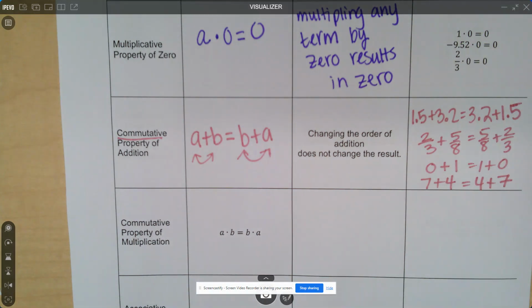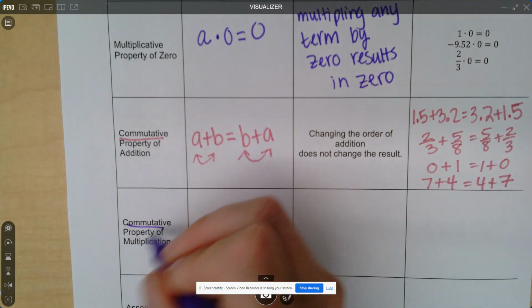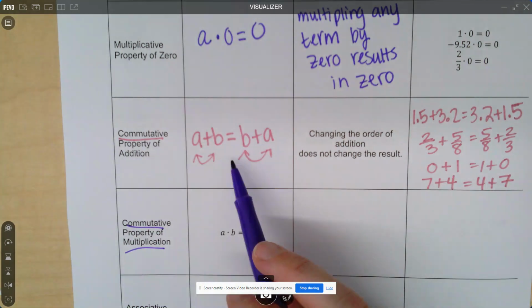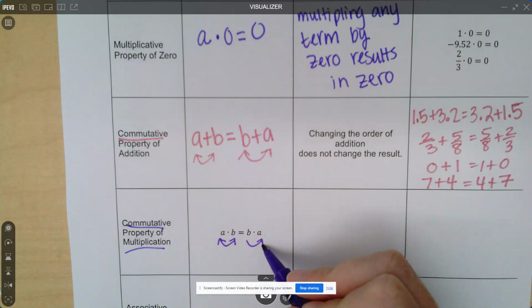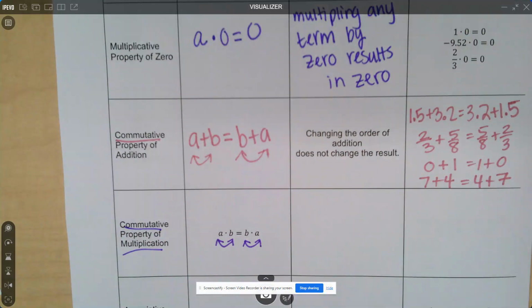The next one is the commutative property of multiplication. So very similar as the commutative property of addition, if you change the order, if you move the numbers, you still have the same result or the same product.